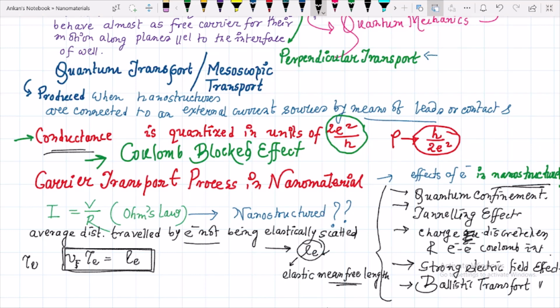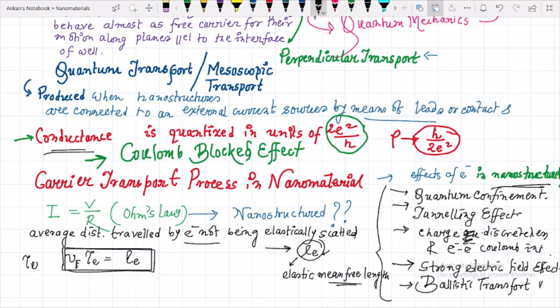Similarly, consider two electrons traveling inside the nanostructure material. The distance traveled before the phase difference of the two electrons is no longer the same is known as the phase coherent length.